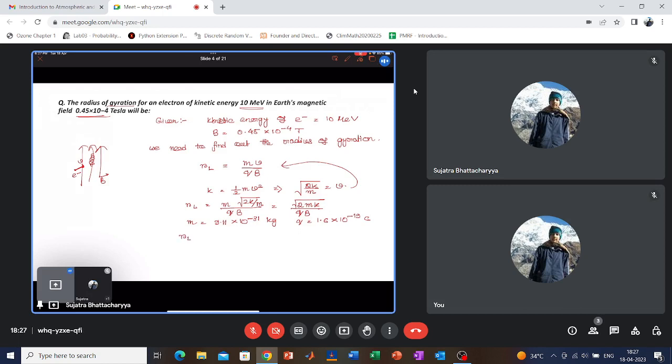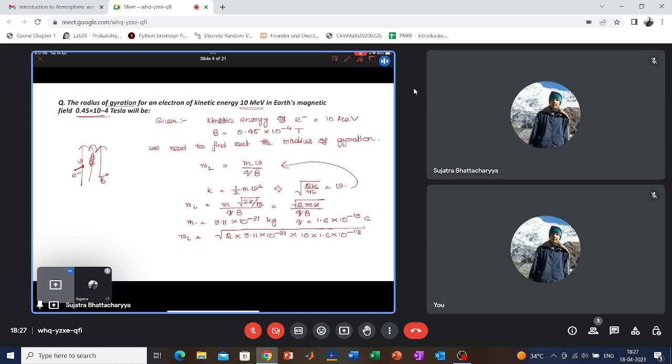Therefore, RL will be equal to root over the kinetic energy, which is 10 into 1.6 into 10 to the power minus 13.